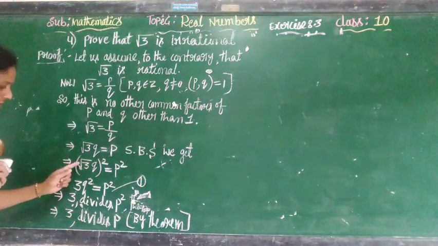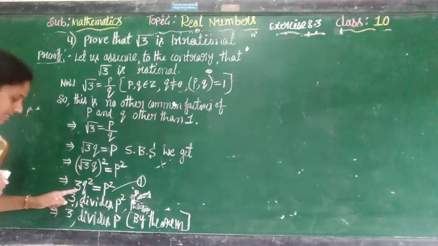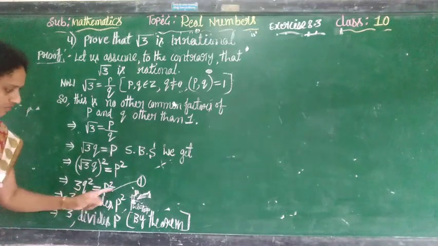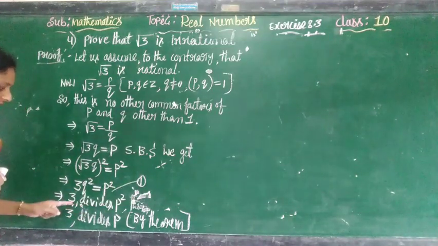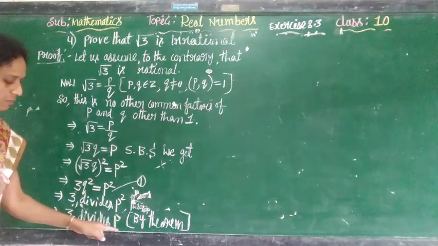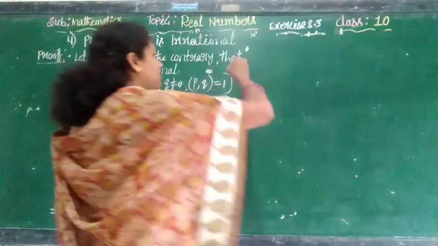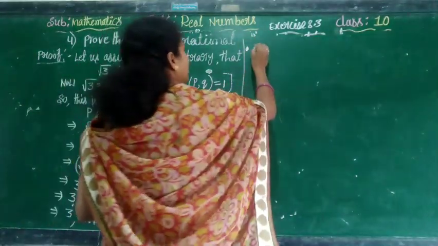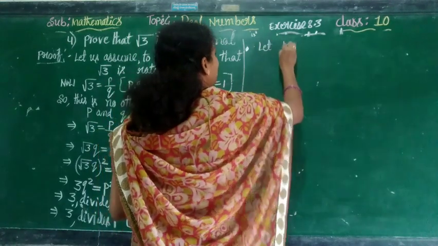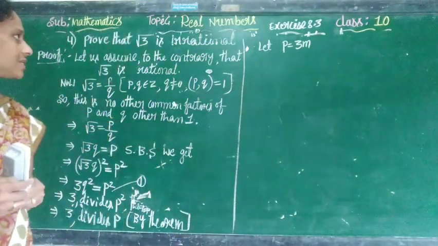Once again, square and root get cancelled. The remaining number is 3q square is equal to p square. Equation 1: 3 divides p square. Then 3 also divides p by theorem 8.3. Now let p be equal to 3m.